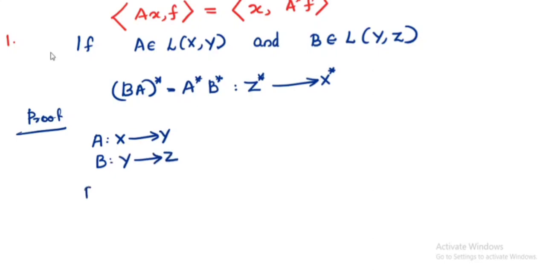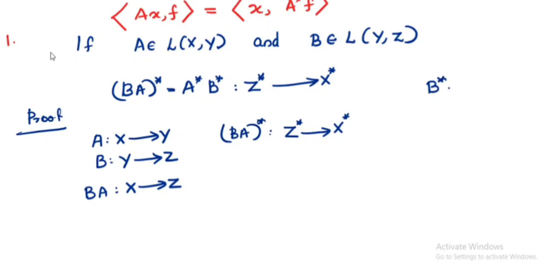So clearly BA is a function from X to Z. So what about BA star? BA star is a function from Z star to X star. Clear? Now what about A star, B star? B star is a function from Z star to Y star.